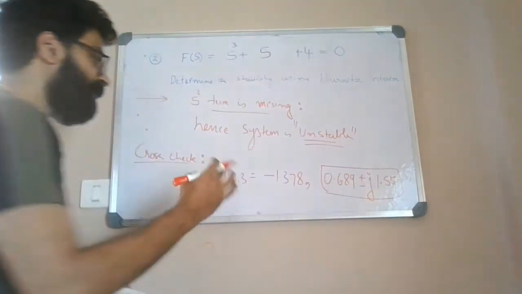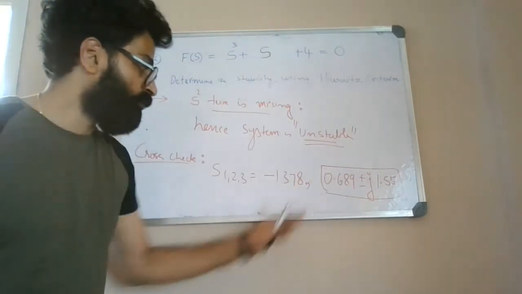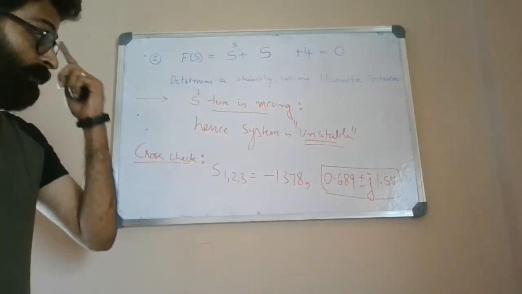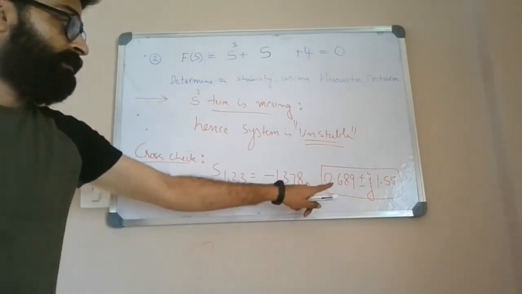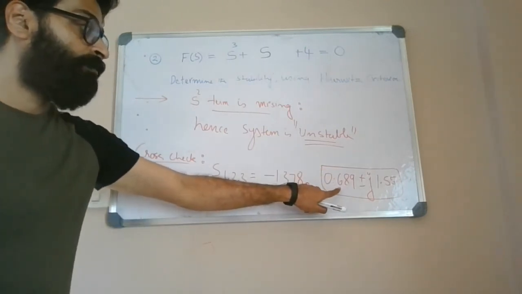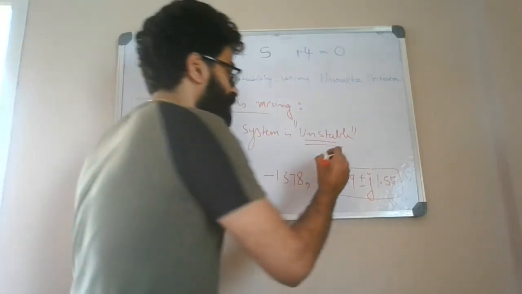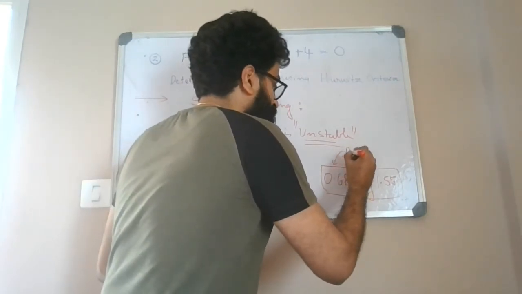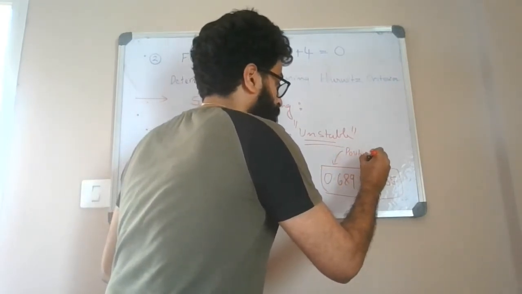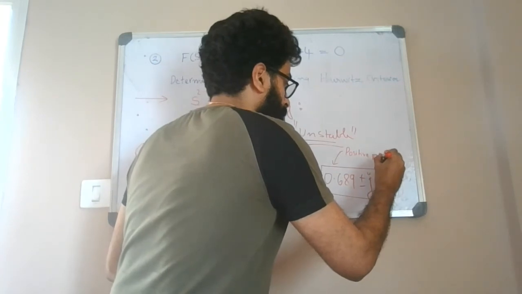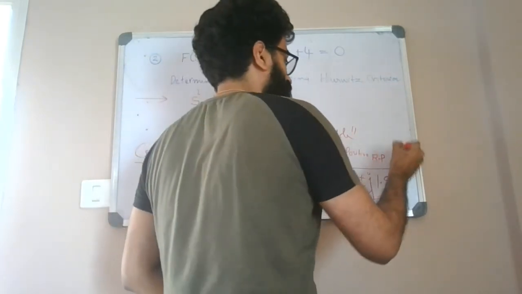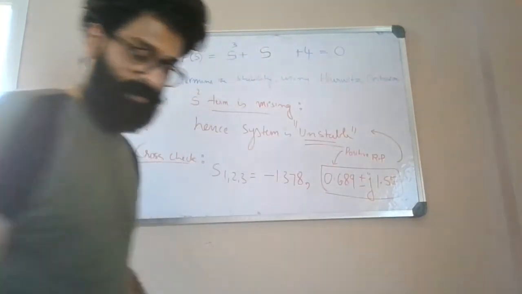As you can clearly observe, out of three roots, a pair of roots has a positive real part, hence you can say the system is unstable.